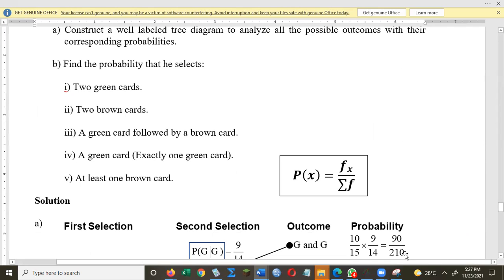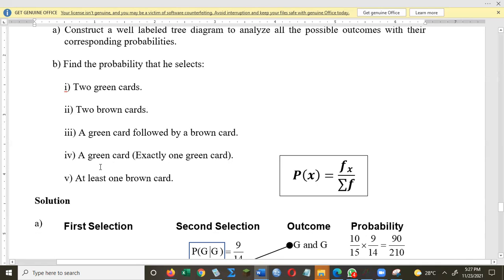The question never said to simplify it, never said to put it as a percentage, never said how many decimal places. It's up to you to simplify it because sometimes the calculator simplifies it automatically. So you can leave it as 90/210 or you can simplify it.